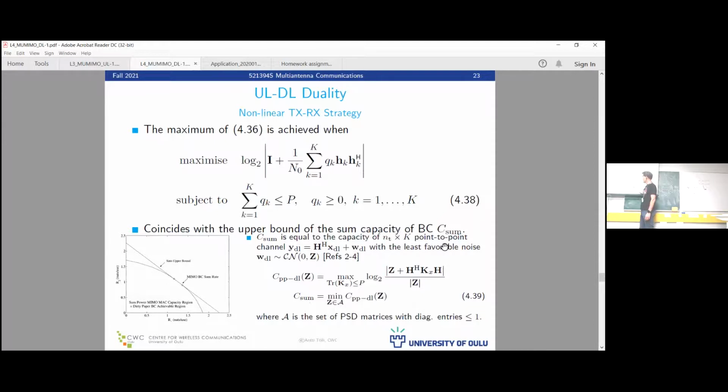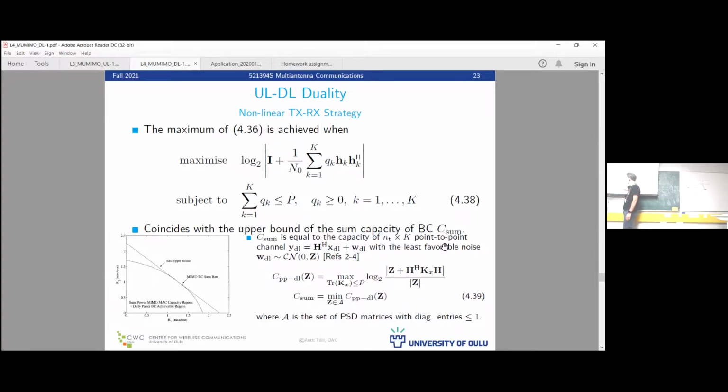Right? So assuming that we have a point to point, and then the noise vector that we add at the receiver follows complex Gaussian with zero mean and covariance matrix Z instead of N0 I, which would be the real point to point.